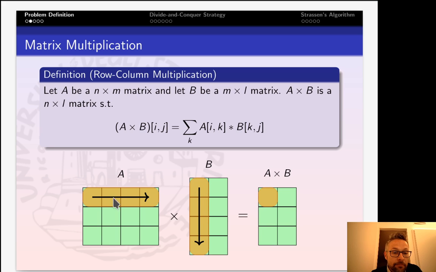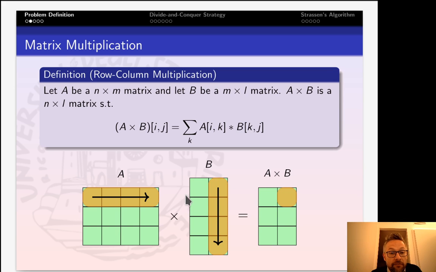So by summing up this element-wise multiplication, we end up with a value which is the value of the element in the first row and first column. So what about the element in the first row and second column?